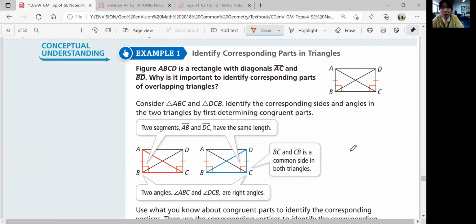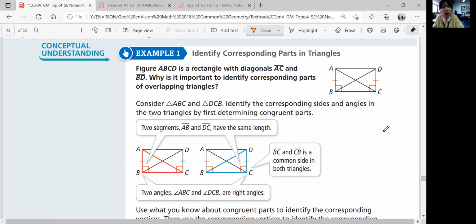Okay, why is it important? So we have diagonals and we have opposite sides that are congruent. We have right angles that are congruent. We can see that 2 segments AB and DC have the same length. BC and CB is a common side in both triangles. 2 angles ABC and DCB are right angles.